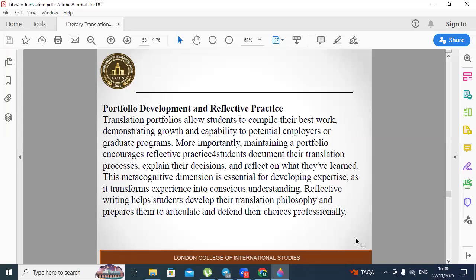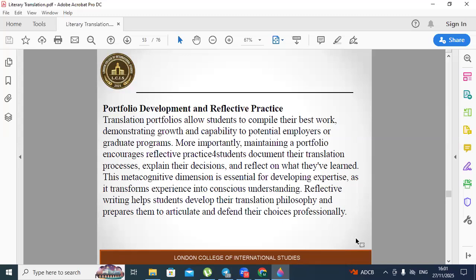Translation portfolios allow students to compile their best work, demonstrating growth and the capability to potential employers or graduate programs. More importantly, maintaining a portfolio engages reflective practice. Students document their translation process, explain their decisions, and reflect on what they've learned.